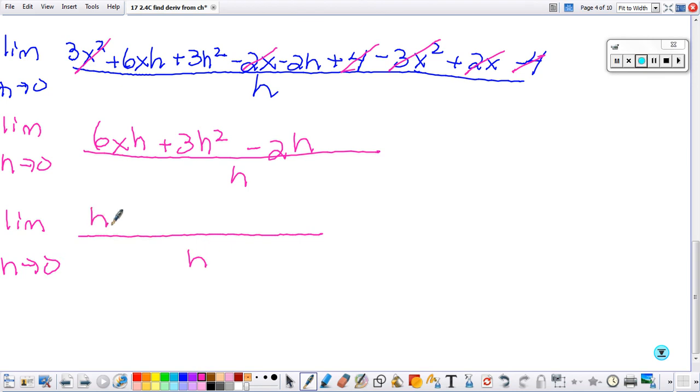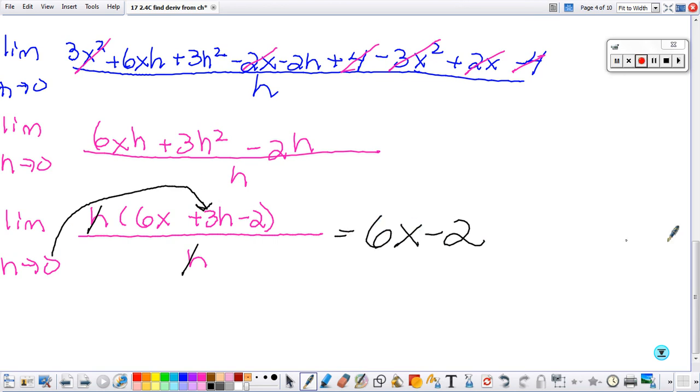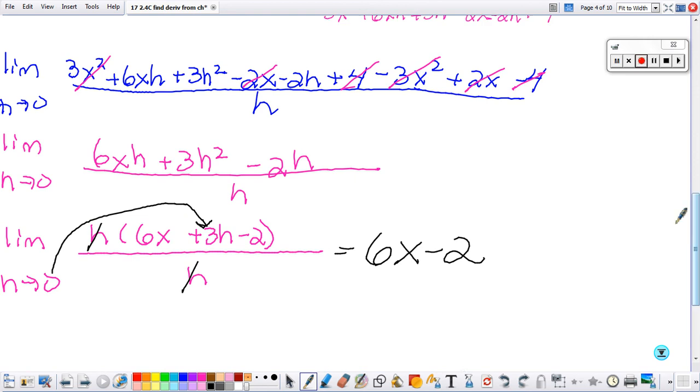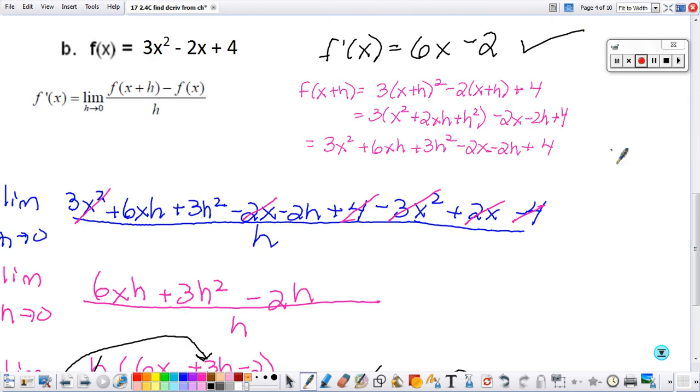So we have h, and then we're left with 6x plus 3h minus 2. The h's divide. I can now plug in 0, and we're left with 6x minus 2. Is that what we needed to prove? It was. We got it.